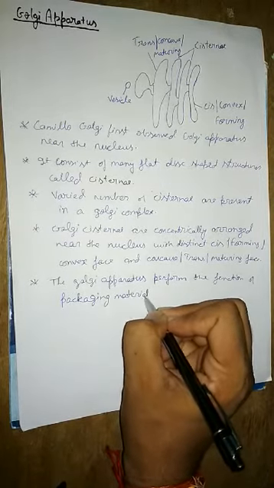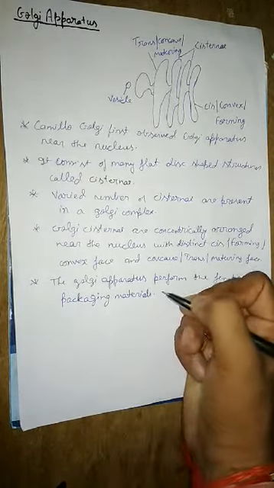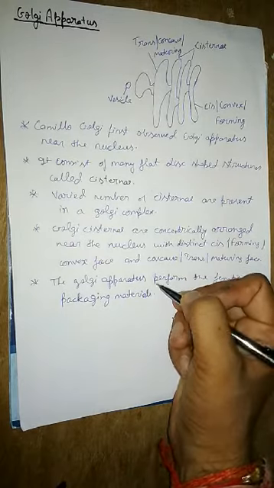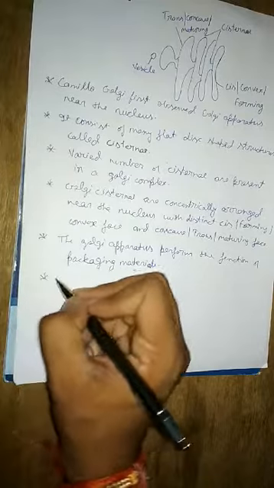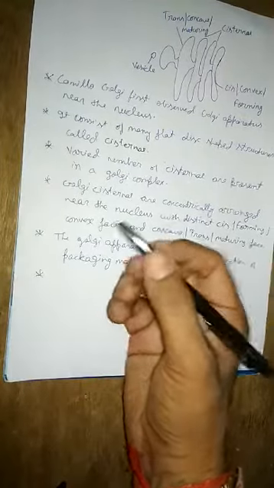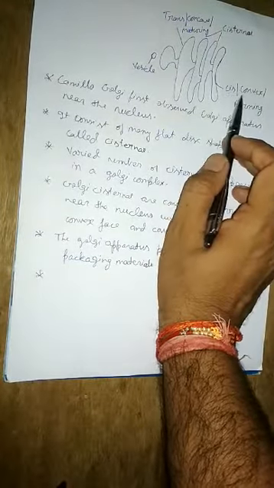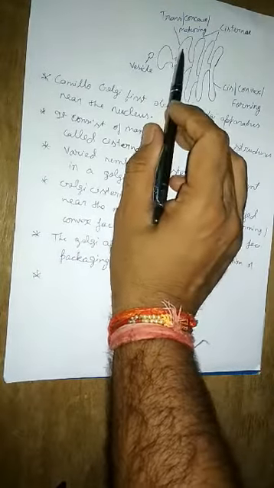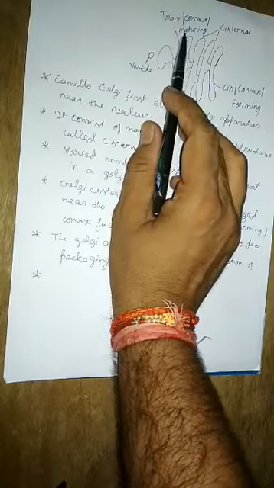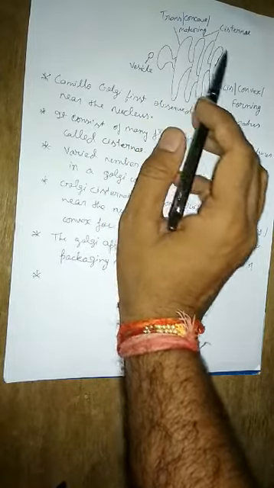That material can be any metabolic substance. Now I told you the material which is to be packaged will enter through the cis phase or the convex phase, then it will pass through the cisternae, and then it will be released out through the trans phase or the maturing phase in the form of a vesicle.